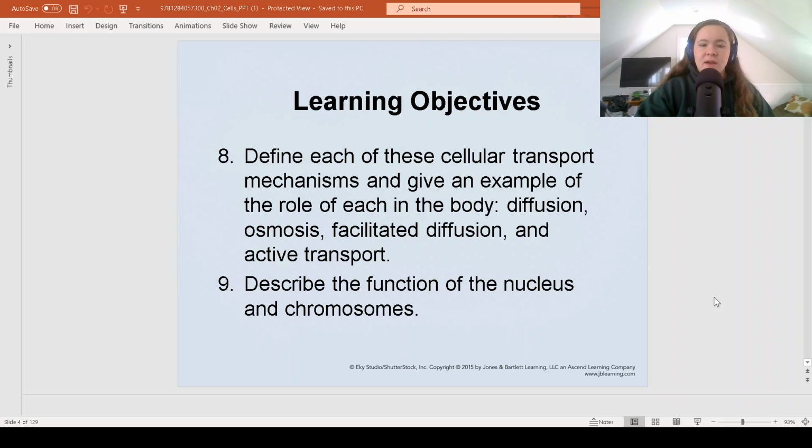We also have define each of the cellular transport mechanisms and give an example of the role of each in the body: diffusion, osmosis, facilitated diffusion, and active transport. Describe the function of the nucleus and chromosomes.